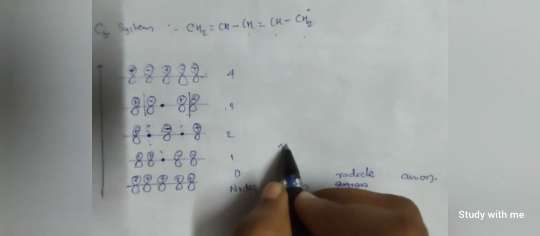We know that this is a C5 system and we have 5 electrons with us, but for the cation, as it is an allylic system, it will have only 4 electrons, isn't it? So the first 2 electrons go in the first one and the left 2 electrons in the second one.